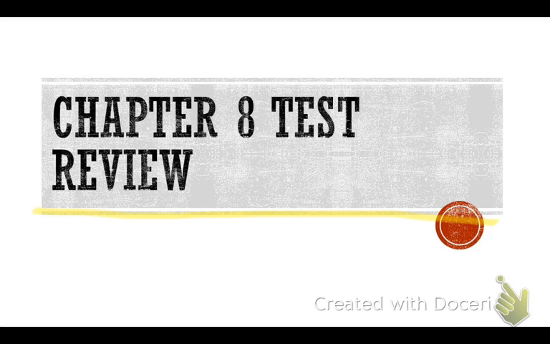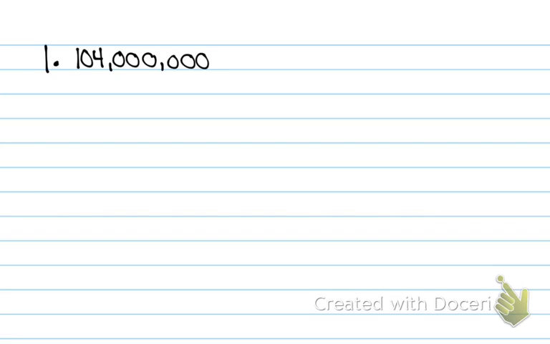Okay, so in the first section of your test, it's a true-false section that deals with whether or not numbers are written in scientific notation or can be written in scientific notation. For example, 104 million.